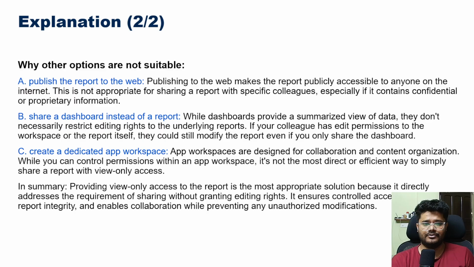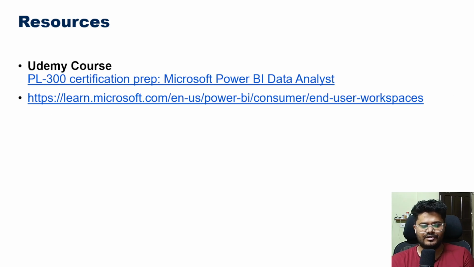You can also pause this video here and go through these explanations so you are fully aware of the types of questions coming in this exam, PL 300, and also brush up your knowledge on sharing reports in Power BI. The resources that I have used are the Udemy course and the Microsoft Learn website, which talks about this question. So this is about question number two.